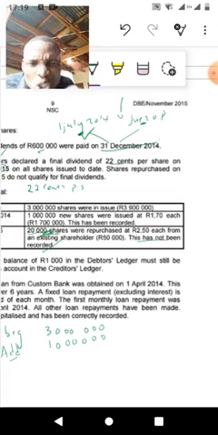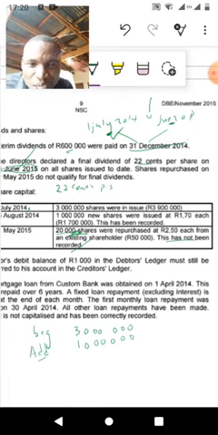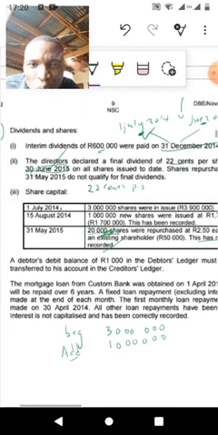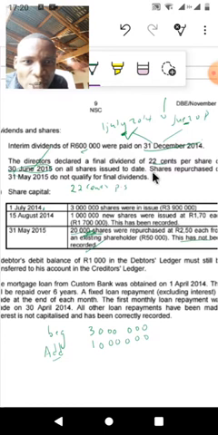I wanted to check if the shares that we bought back qualify for final dividend. It's very important to know that. So I'm going to go back where they talked about final dividend. Yes. They say shares repurchased do not qualify for final dividend.